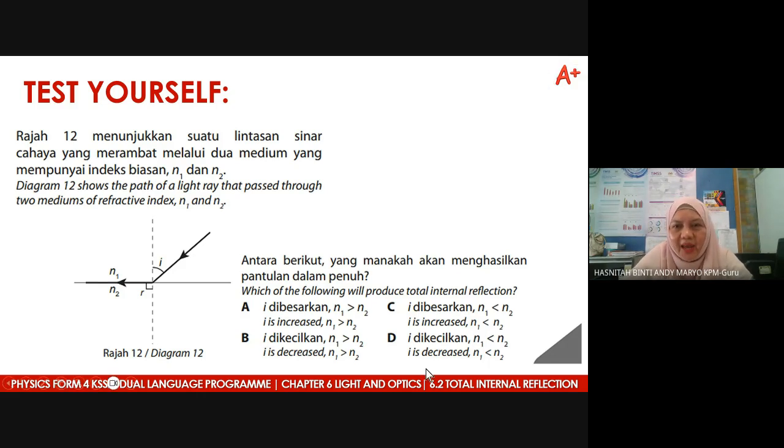So you can reject B and you can reject D, because they show I decreases. So the option is either A or C. Which one? I increases, then the light ray, we increase I, and total internal reflection will occur.